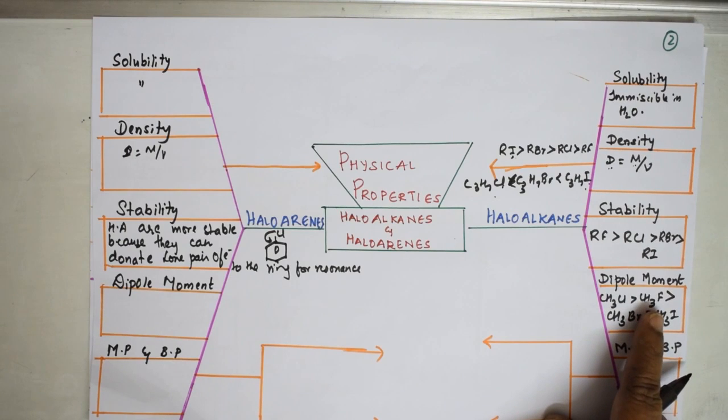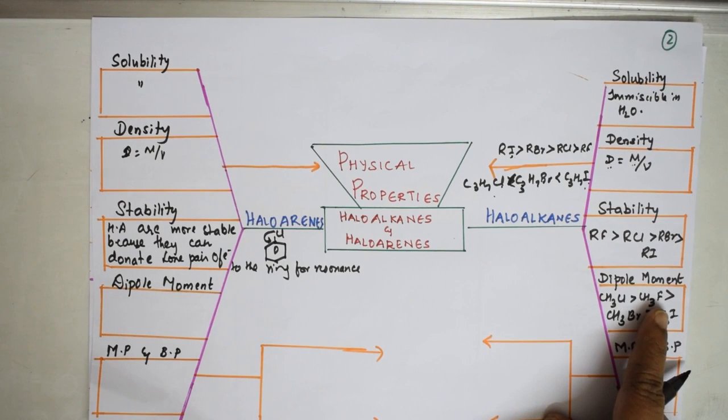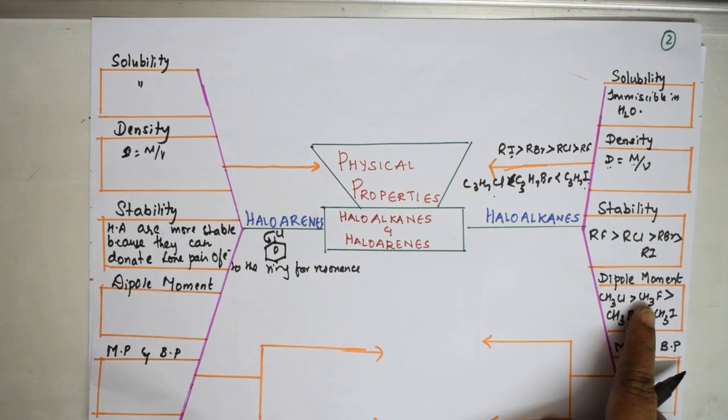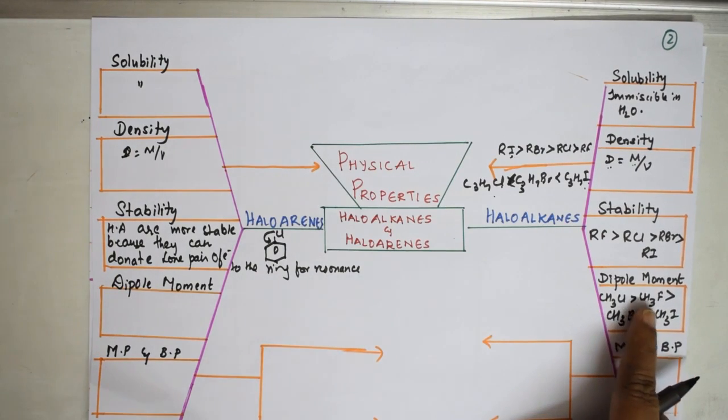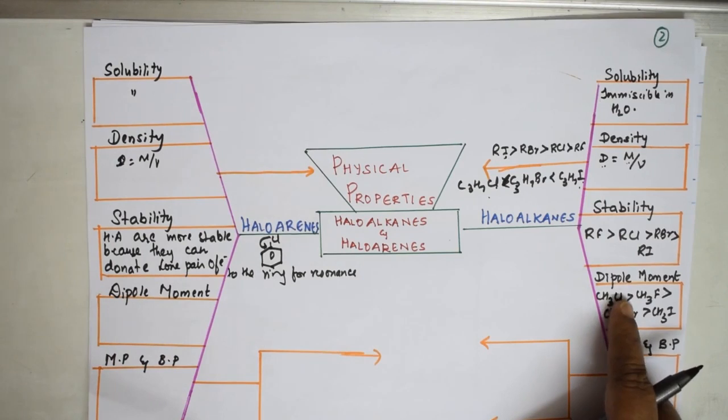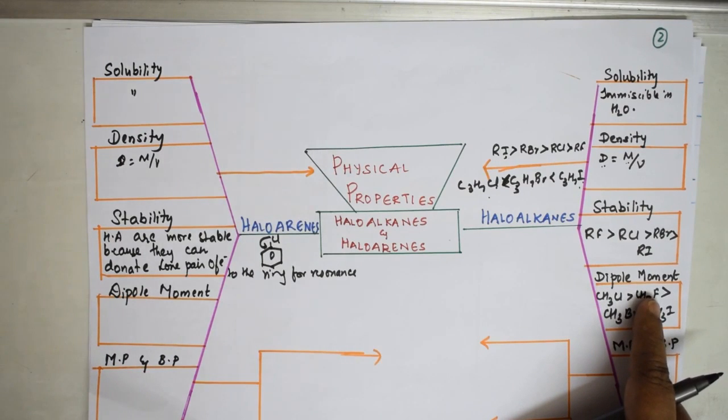Here in CH3F, the size of fluorine is very small, isn't it? Because the size is very small, the dipole moment of CH3F is also low. That's the reason the trend is like this. Otherwise normally we write it in a regular trend. So because of the size, you need to remember the fluorine size is less, hence the trend followed is here.